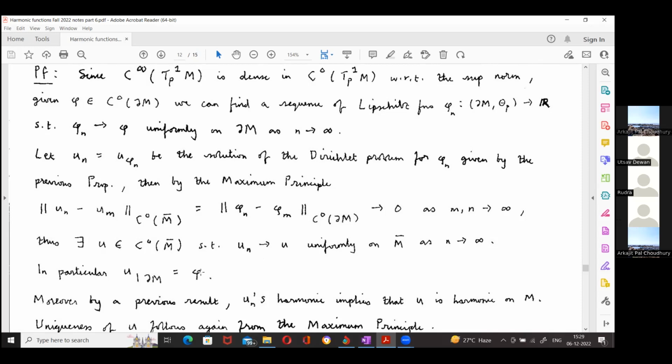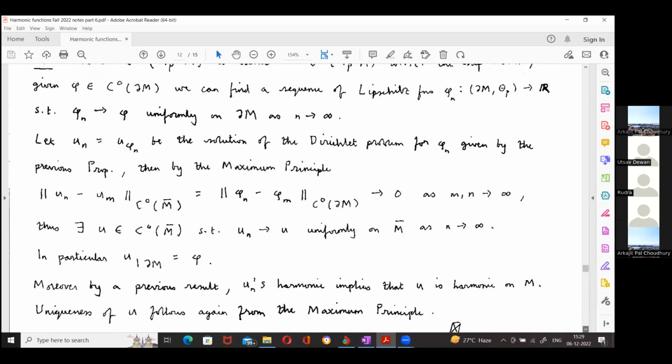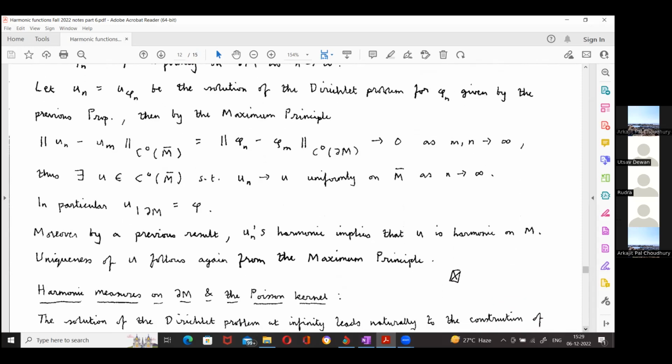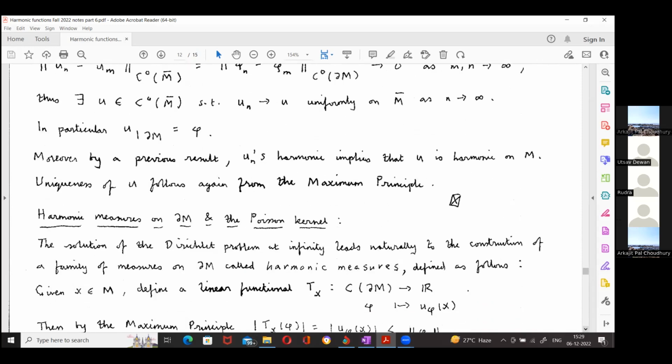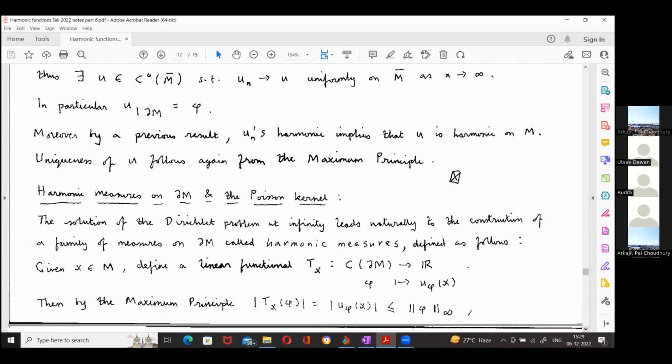And then by what we did earlier, you know that if you have harmonic functions which converge uniformly on compacts, then the limit is also harmonic, right? That we've seen before. And so this u that you get is the solution of the Dirichlet problem. That's it, basically. Okay. So that finishes the solution of the Dirichlet problem at infinity.